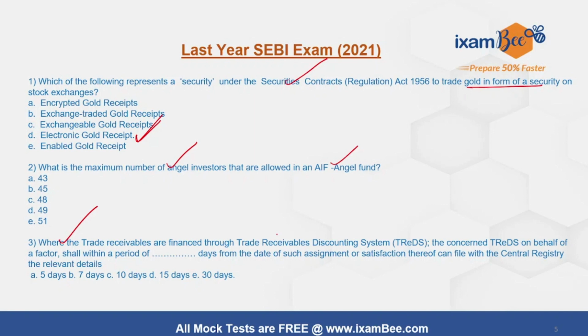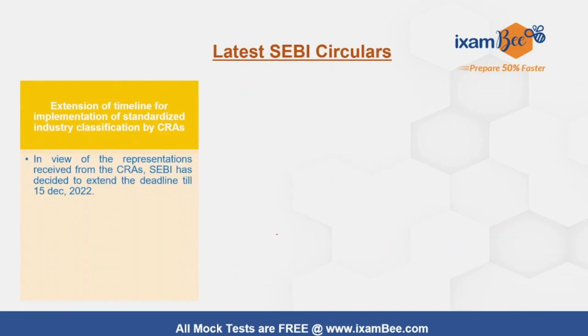So with that, in this video we will discuss certain very new circulars from the last week that were issued by SEBI. So first is the extension of timeline for implementation of standardized industry classification by credit rating agencies.